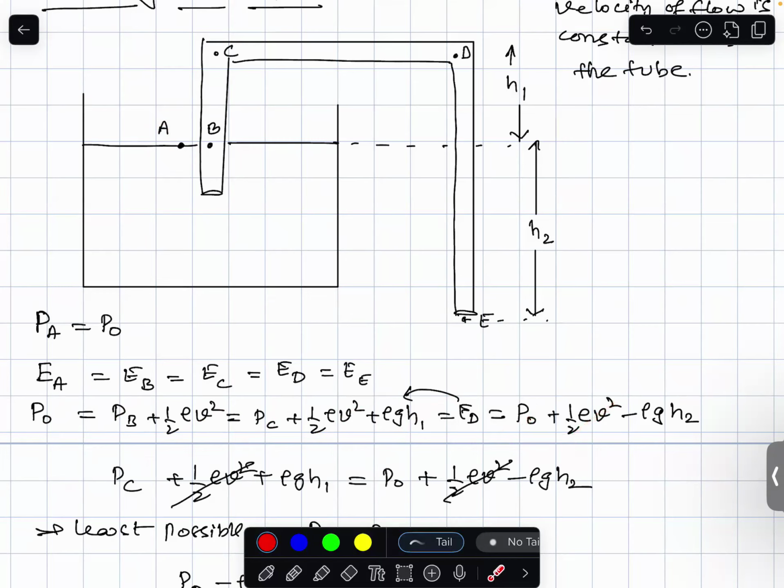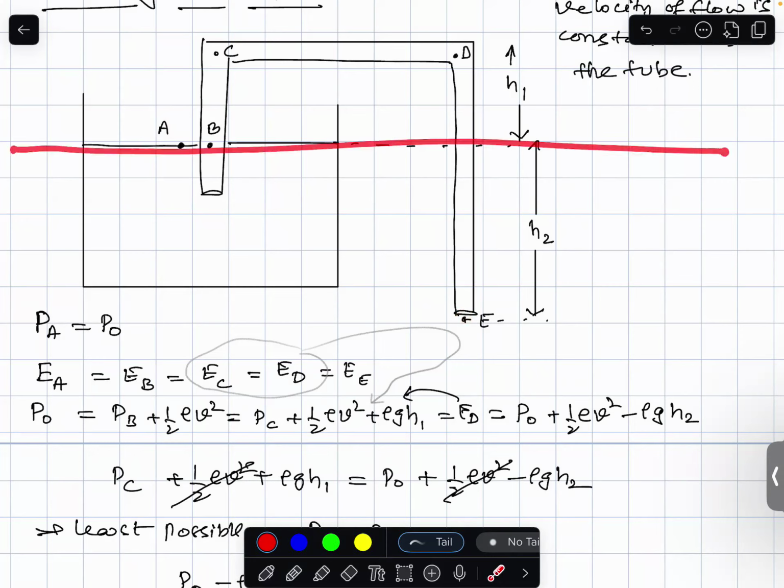Remember, I am not writing two different terms for pressure at C and pressure at D. I am writing this for both C and D, because it is the same term: same horizontal level, same flow, same height, same pressure. So by the time it reaches E, it is P naught plus half rho v square. Remember, I took this level as 0. Anything above is plus h for me. Anything below is minus h for me.